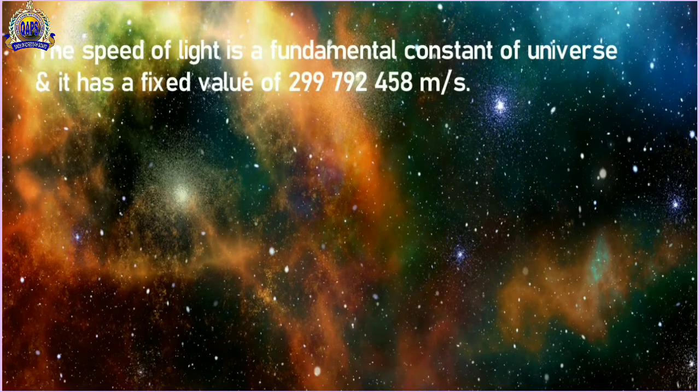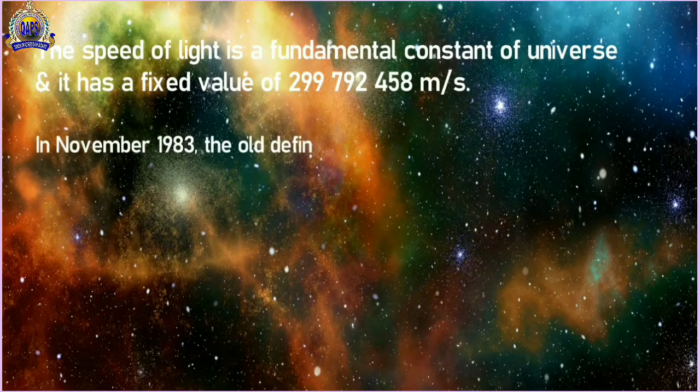The speed of light is a fundamental constant of the universe, and it has a fixed value in vacuum: 299792458 meter per second. Remember that only the definition of the meter changed, but not the bar.